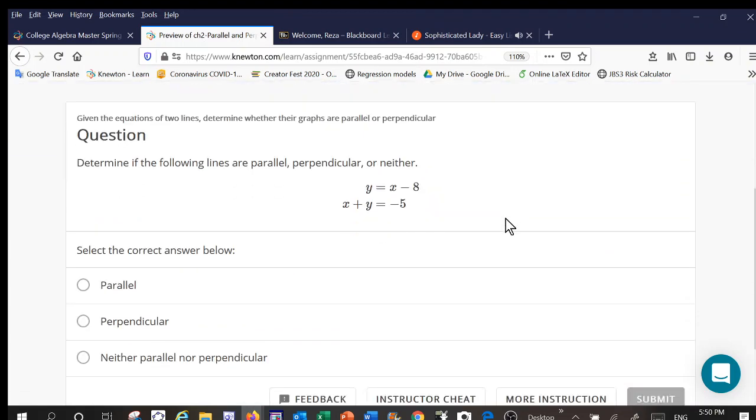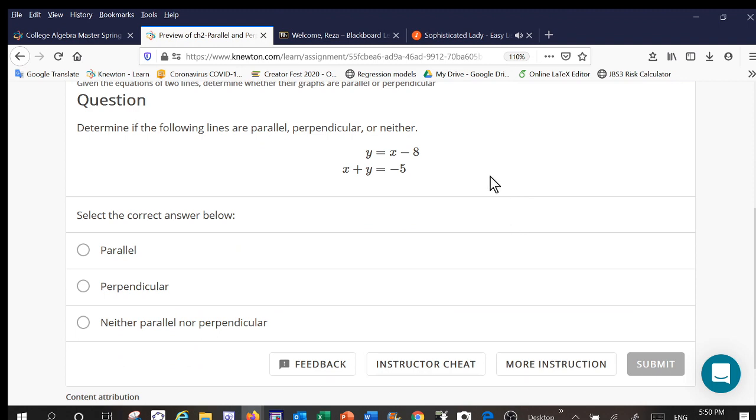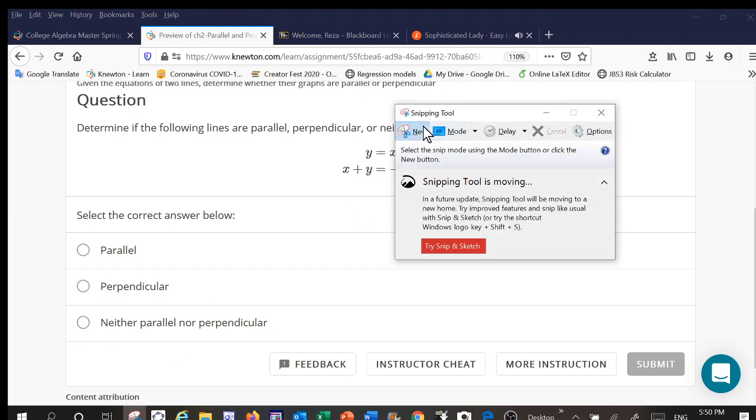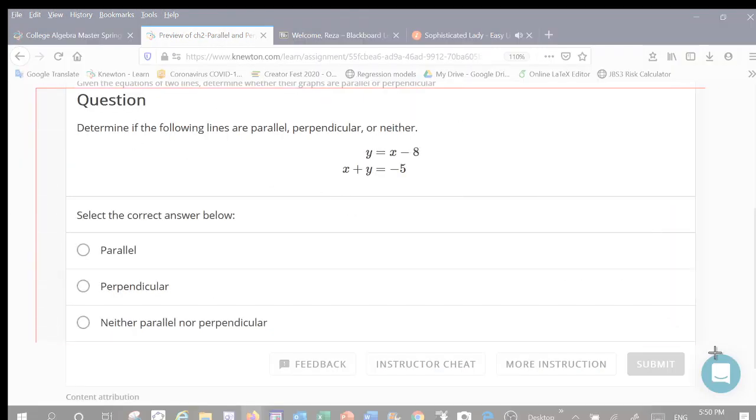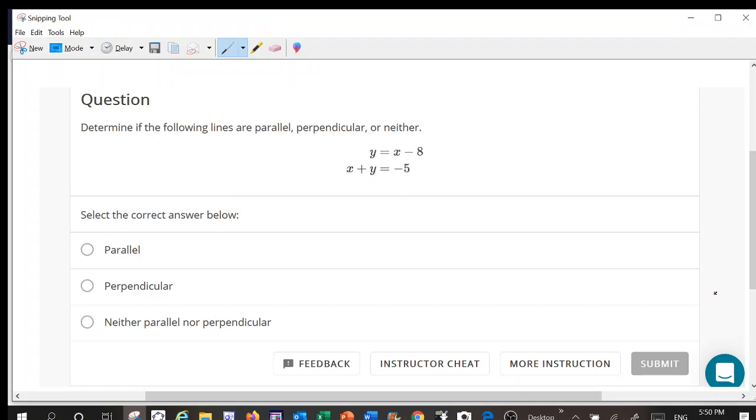Okay, determine if the following are parallel, perpendicular. Okay, so right now, again, let's look at our rule here. So we know the slope of this one, let's call it m1, is 1. Now what's the slope of that one, m2? We don't know.